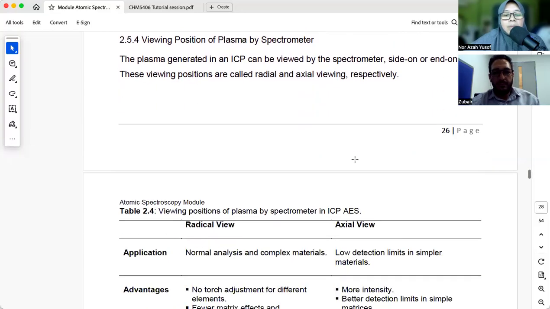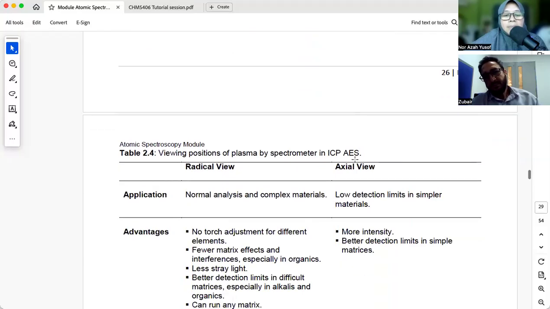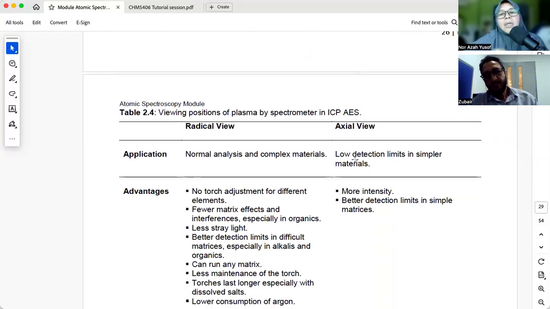So the application, for AAS, it's just one view of absorption, and then of the wavelength, transmission is recorded, and then with the calculation you can calculate absorption.